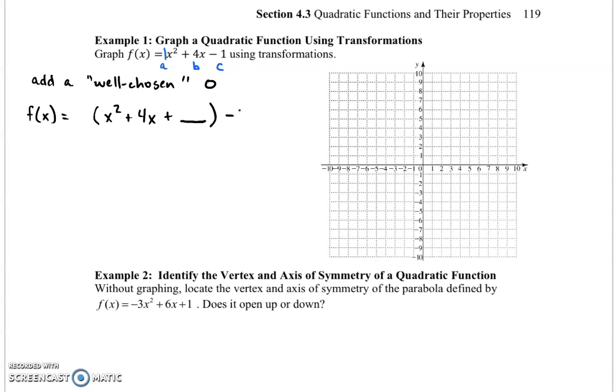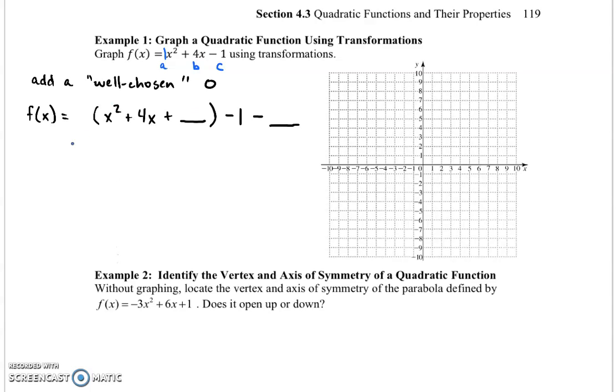The minus 1 is outside, and since we put plus a blank inside the parentheses, we're going to put minus a blank outside. We are going to add and subtract the same number from this side of the equation, and that's the same as adding 0, because we added it and then we subtracted it.